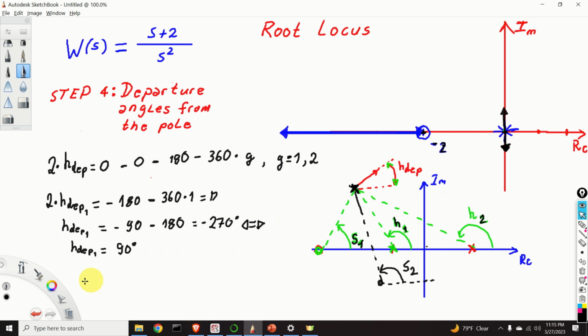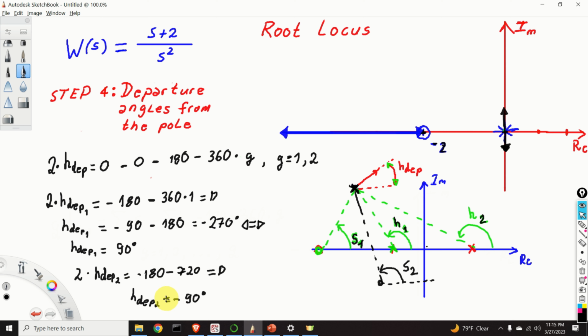We can quickly verify that by typing 2 times H departure 2 is equal to, let's see, minus 180 minus, what do we have over here? 2 minus 720, and from here we have that H departure 2 is exactly minus 90 degrees.